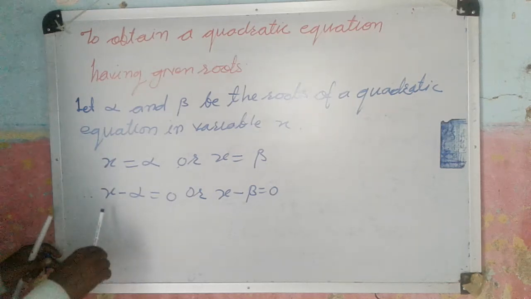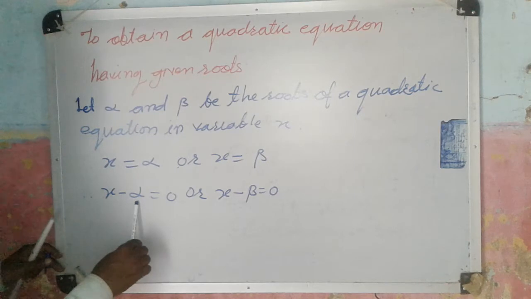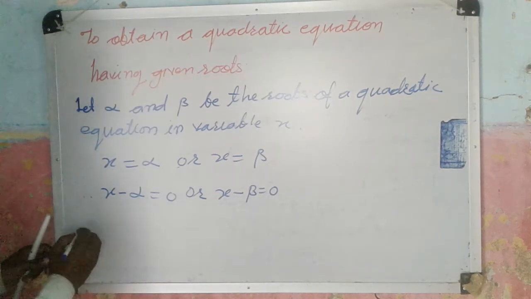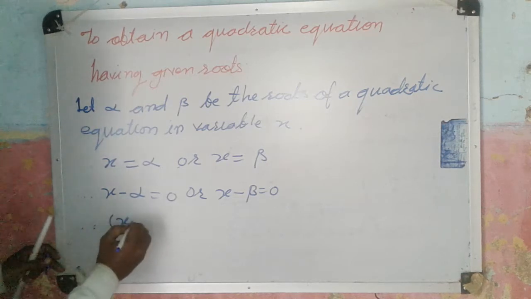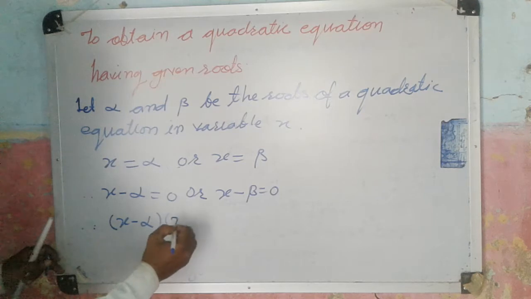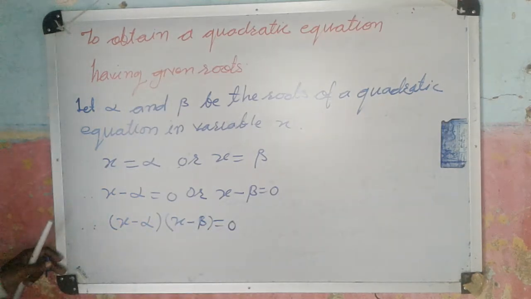That means the product of x minus alpha and x minus beta must be equal to 0. Therefore, x minus alpha multiplied by x minus beta is equal to 0.